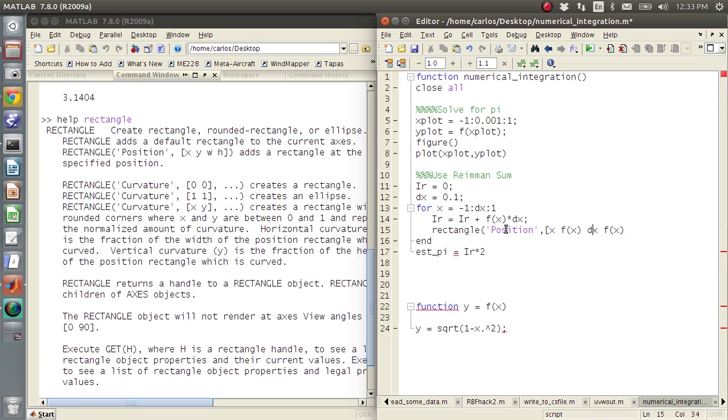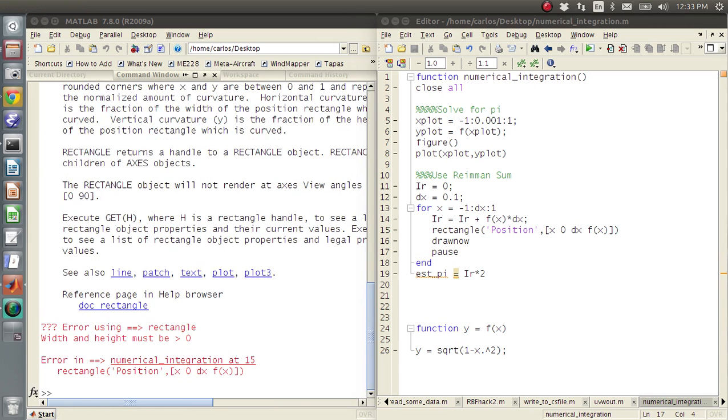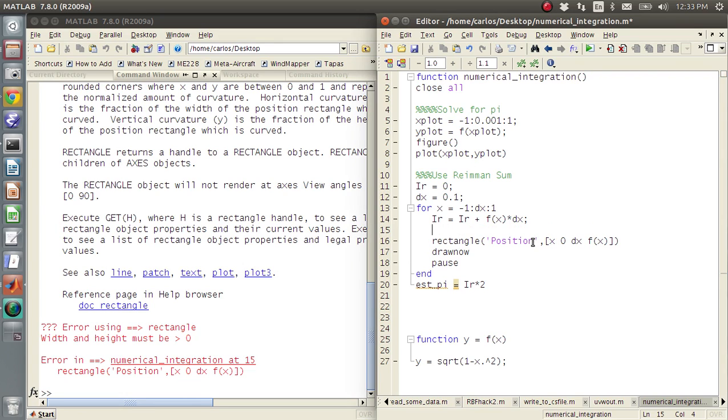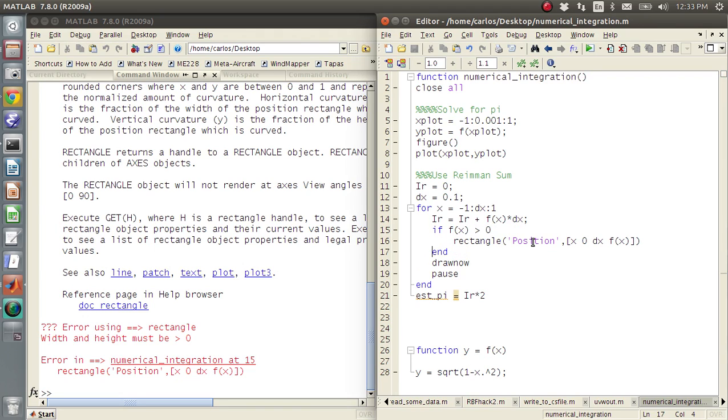Oh, no, sorry, the y-coordinate is the y-coordinate of the left square. And then I'm going to do a drawnow, and then a pause. And then what happens is, let's see, width and height must be greater than 0. Interesting. Okay, so I'm going to say if f of x is greater than 0, plot a rectangle.